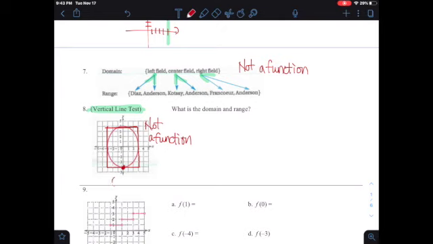That's going to be at 0, -4. I'm going to have a point right here that's going to be 4, 0. I'm going to have a point right here that's going to be -4, 0.